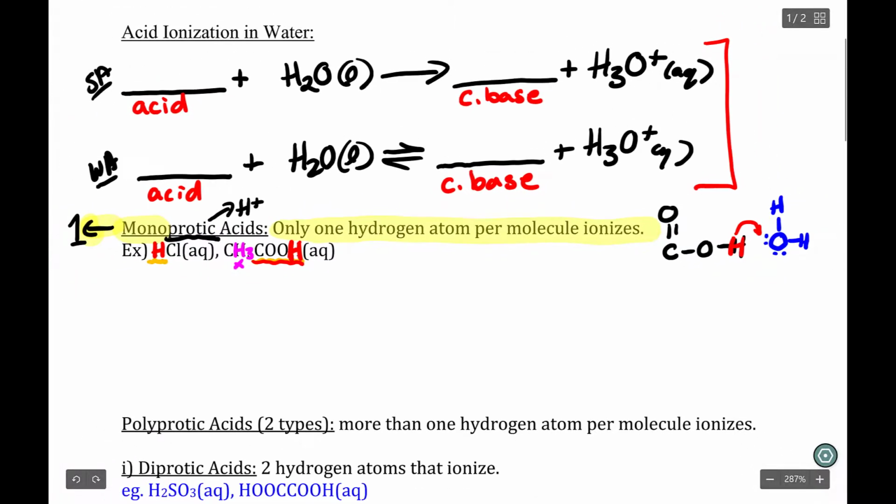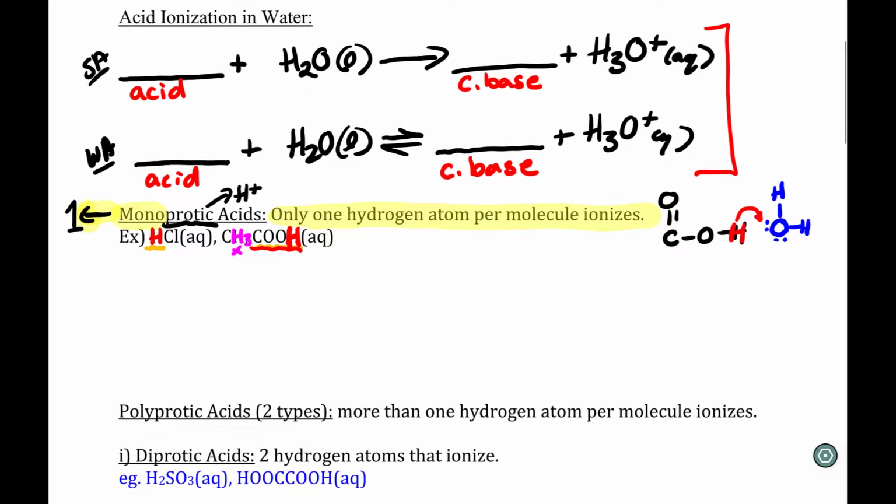So let's say the question is to write the ionization equation for HCl or write the ionization equation for vinegar, which is CH3COOH. What I'm going to do to get into the habit of writing out a correct reaction is I'm simply going to use these blank spaces plus water, and I'm just going to add the parts in that are new.